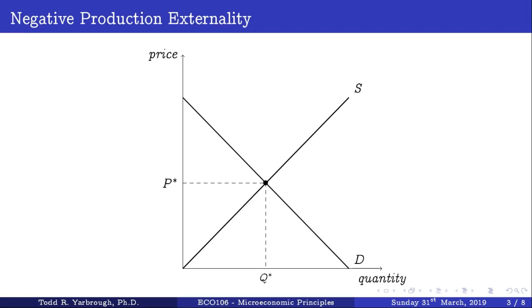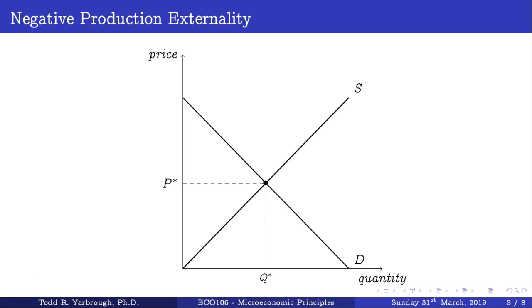Now, the first fundamental welfare theorem tells us that this outcome is economically efficient, and in some sense this would imply that we could do no better than Q star and P star. And of course this is what those who advocate for so-called free markets often argue, that because supply and demand theory tells us that market equilibration is the most efficient, therefore competitive free markets are the most efficient. But of course externalities cause problems with this line of thinking.